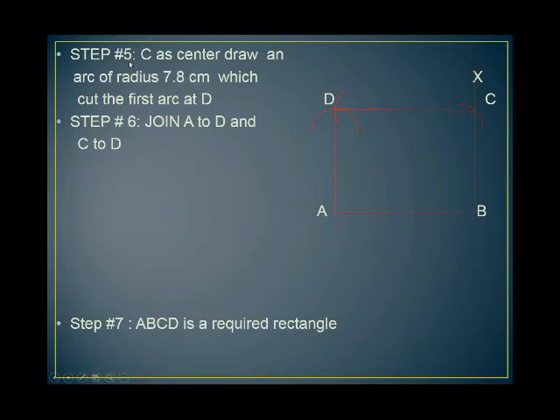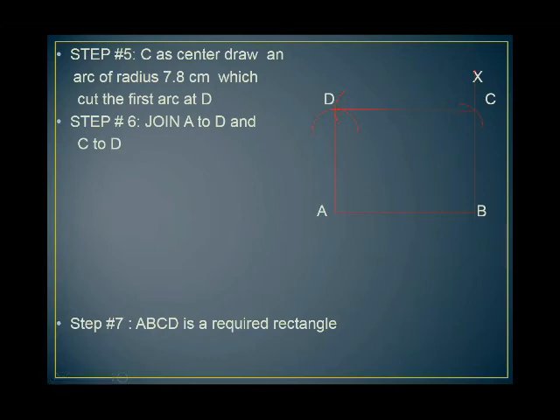Step number 5, C as a center, draw an arc of radius 7.8 centimeter. In this step, we place the compass at point C and take the measurement of AB, that is the baseline. We take the same measurement with C as a center and draw another arc to cut the previous arc.